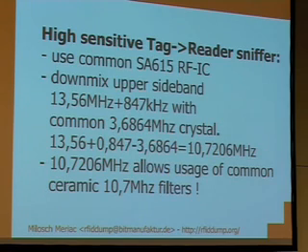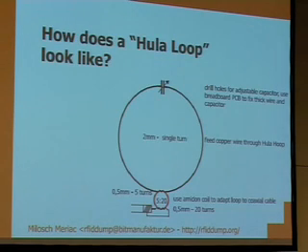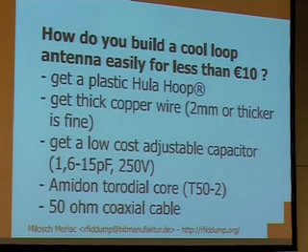But we only want to sniff passively, so we can use cheap capacitors, and it's very simple to build a homebrew loop antenna. The simplest possible loop antenna you can achieve is by buying a plastic hula hoop, getting a thick, really thick copper wire, 2 mm does the job, a very cheap adjustable capacitor, and a toroidal core to create the interface to your BNC and your further processing equipment.